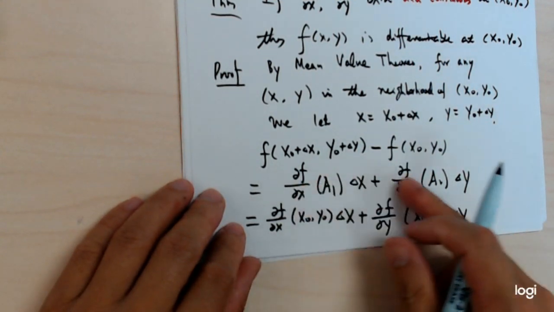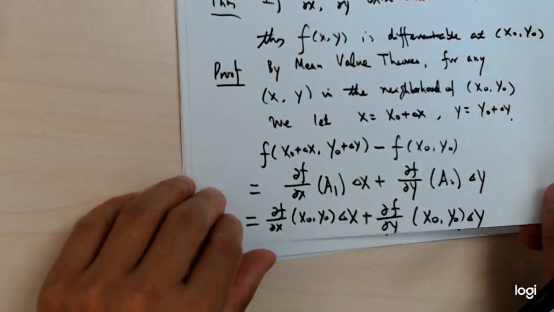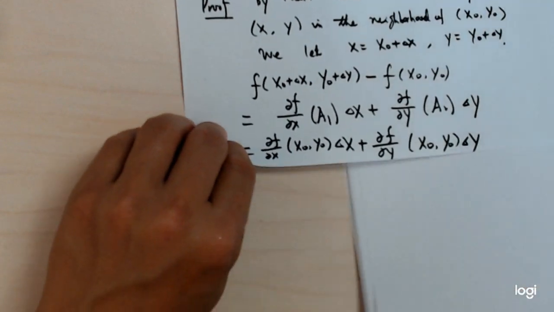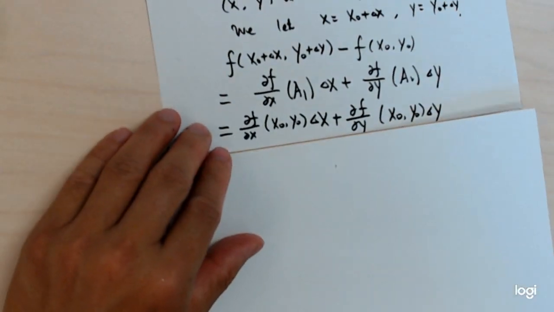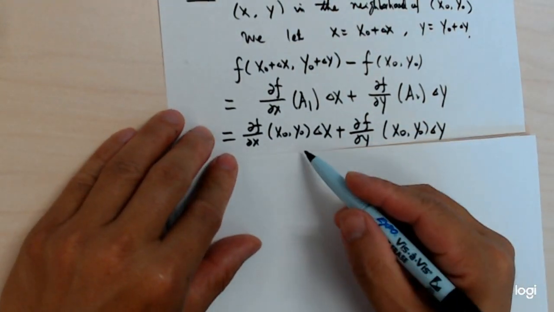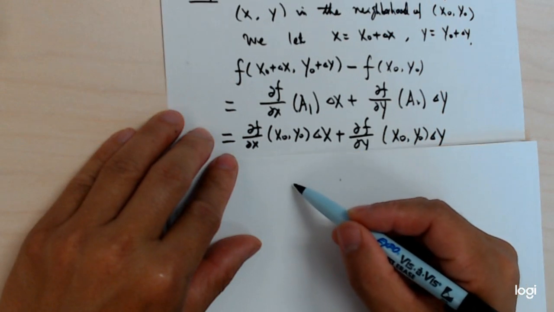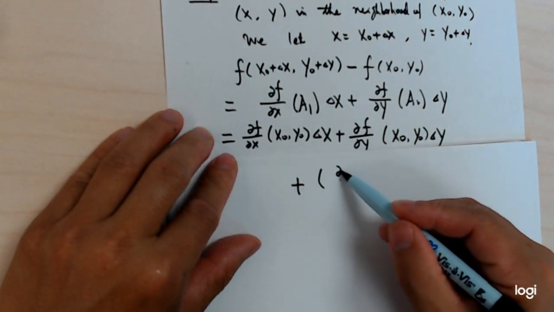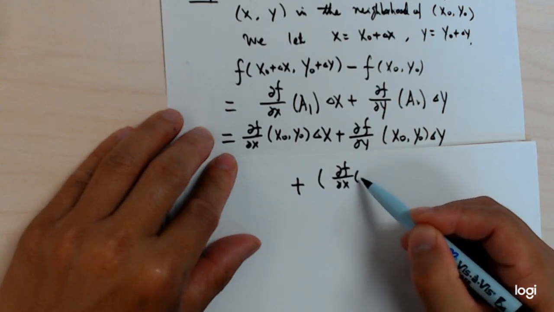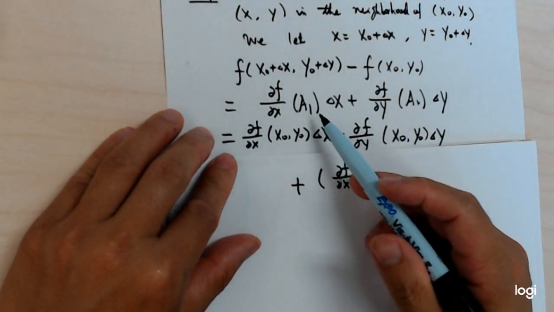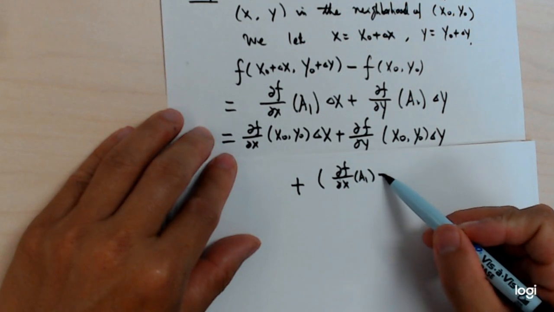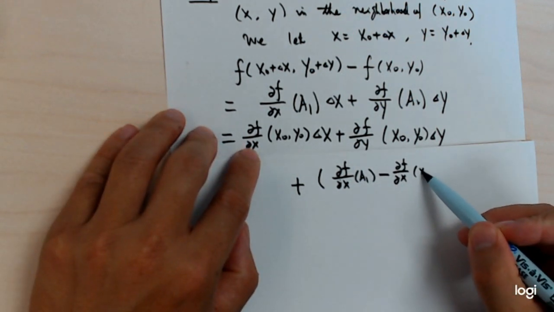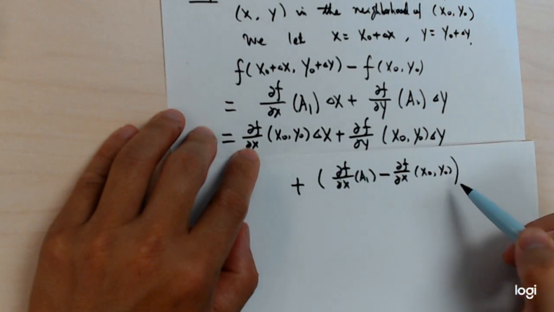So I would like to rewrite this into the following format. But they are obviously not the same, okay? So I will make them equal by rewriting this into this. At a1, so that's the partial derivative at a1, minus this one, times what?